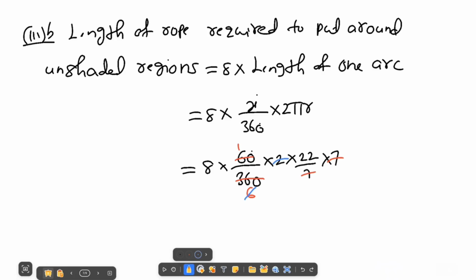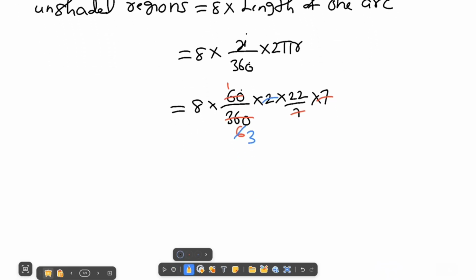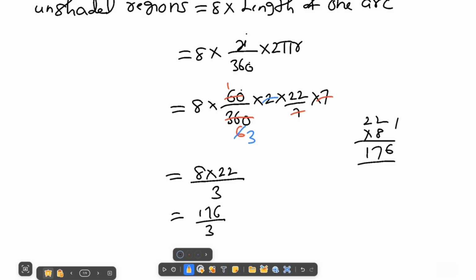Next, 2 ones are 2, 2 threes are 6. So now multiply the remaining numbers: 8 into 22 in the numerator, in the denominator we have 3 only. So 22 into 8, 176 by 3. Let's divide 176 with 3.